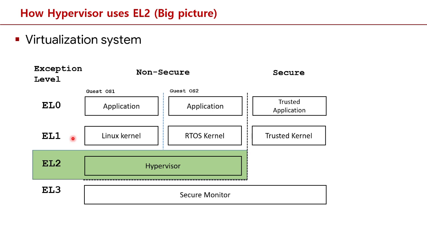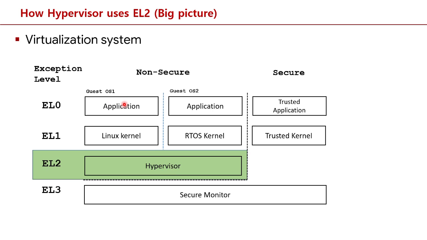The biggest reason is that the hypervisor should check or monitor the workload of each guest OS. Based on this information, the hypervisor can manage the hardware resources that could be allocated to the various guest OS.